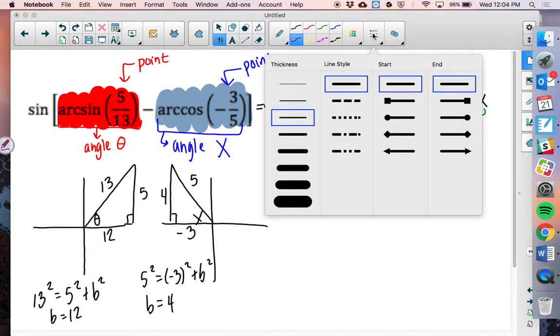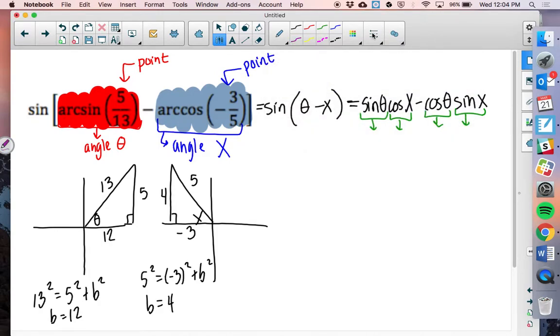So my sine theta, sine is opposite over hypotenuse, so this becomes 5 over 13. Notice that the sine is gone and it's just 5 over 13. Cosine x, -3 over 5, minus cosine theta, 12 over 13, times sine x, 4 over 5.